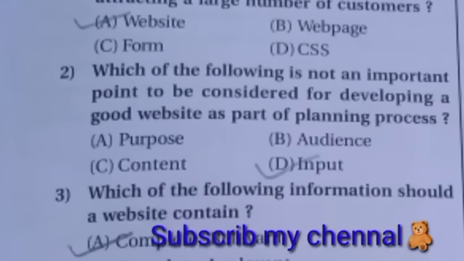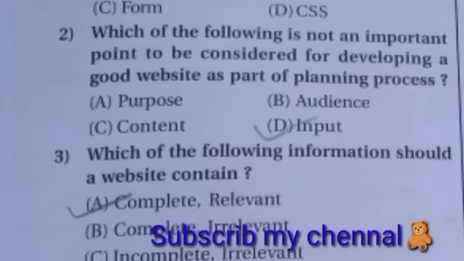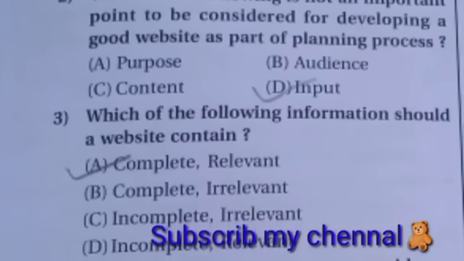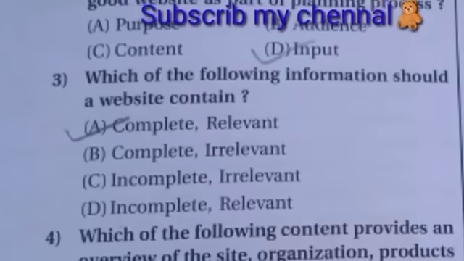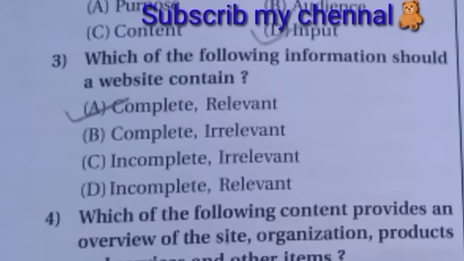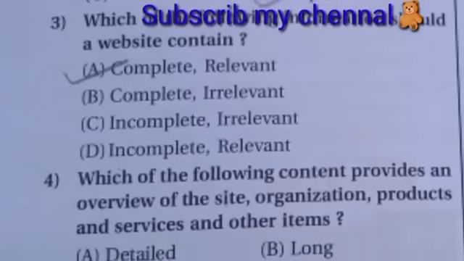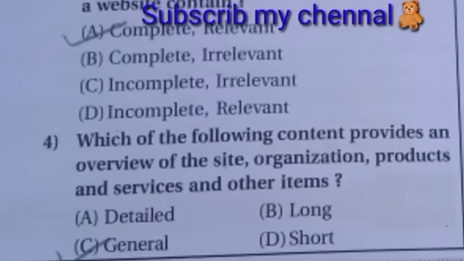Which of the following information should a website contain? A, complete, relevant. Which of the following content provides an overview of the site, organization, products and services and other items? C, general.